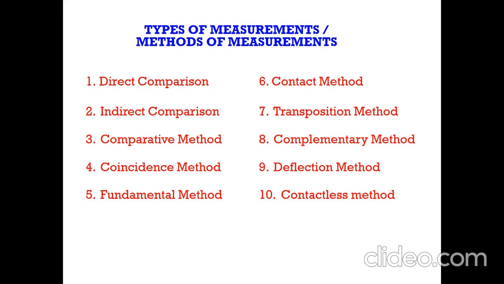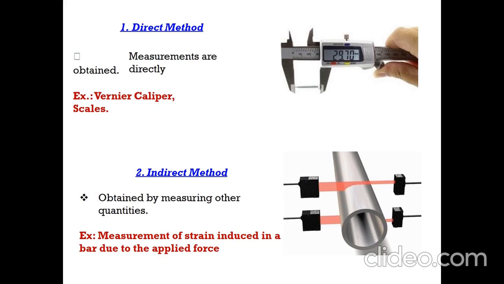So the first one, direct method of measurement. What does direct method of measurement mean? This is a simple method of measurement in which the value of the quantity to be measured is obtained directly without any calculations.